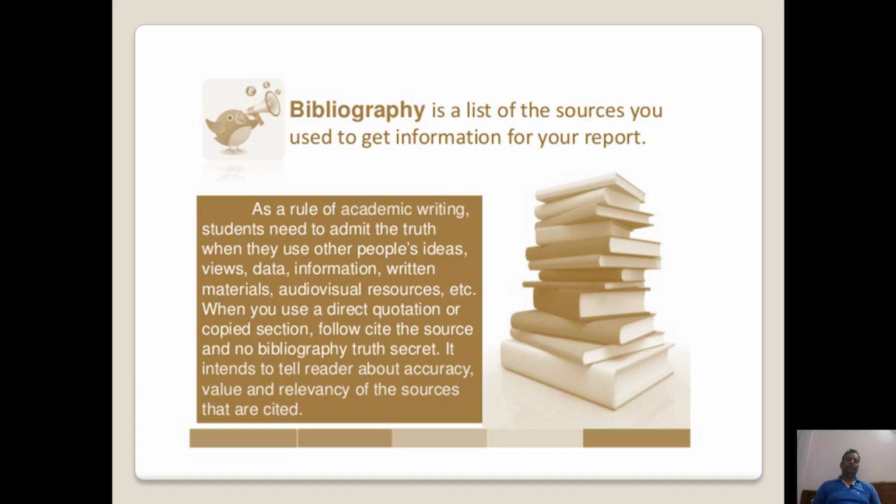As a rule of academic writing, students need to admit the truth when they use other people's ideas, views, data, information, written materials, and audiovisual resources, etc. When you use a direct quotation or copied section, cite the source in the bibliography. It intends to tell the readers about the accuracy, value, and relevancy of the sources that are cited.